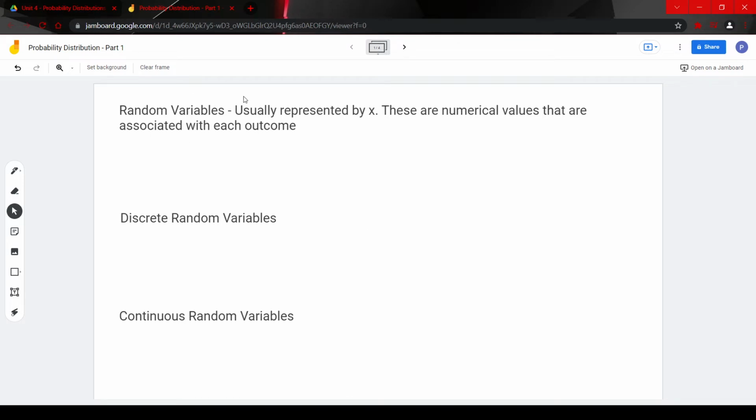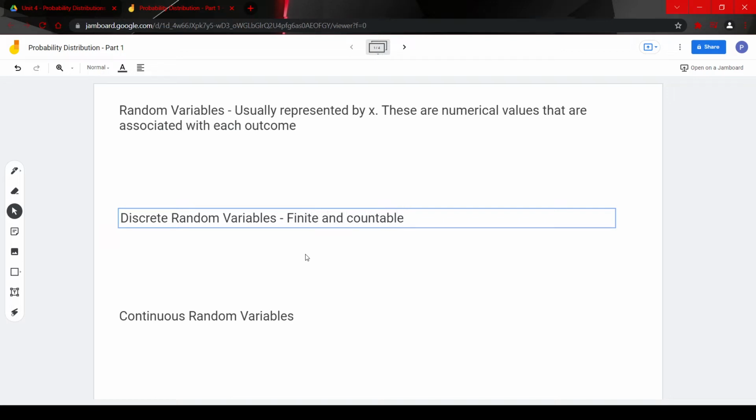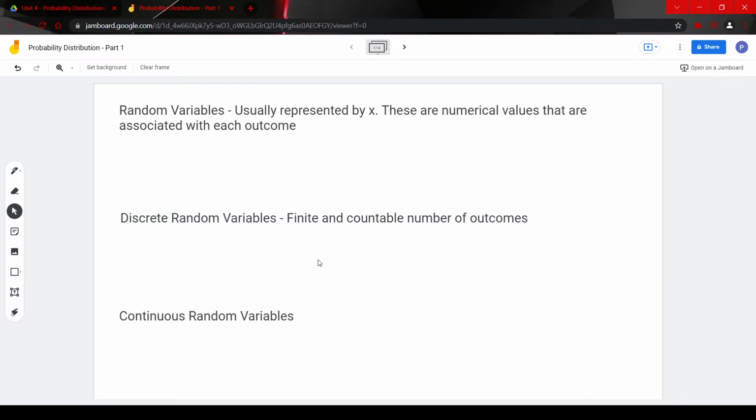So random variables are typically divided into two categories: discrete random variables and continuous random variables. You might remember this from our discussion about quantitative variables. Discrete random variables have a finite and countable number of outcomes, so we can count these variables.